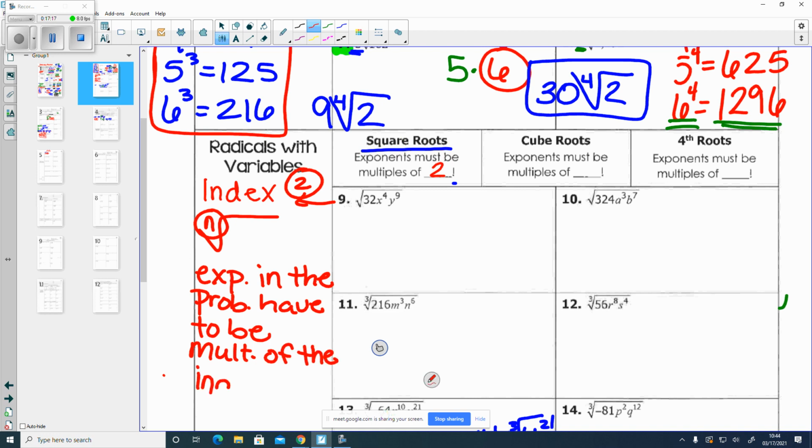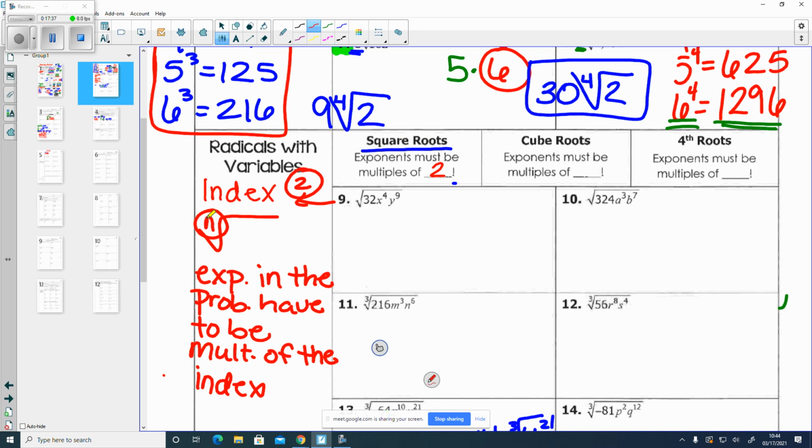If they're not, we have to make them be. Okay? So you'll notice number 9, are both of those exponents inside multiples of 2? Or can I divide 2 into both of those? I can do it into the x. Can I do it into the y?